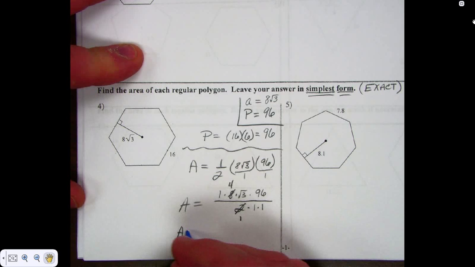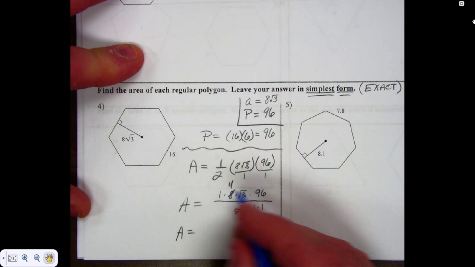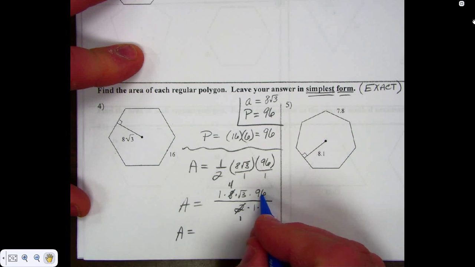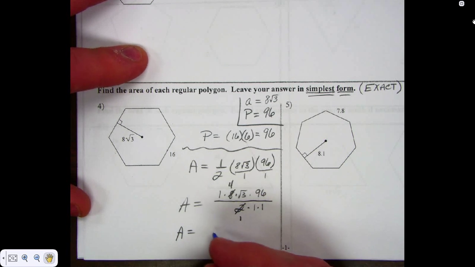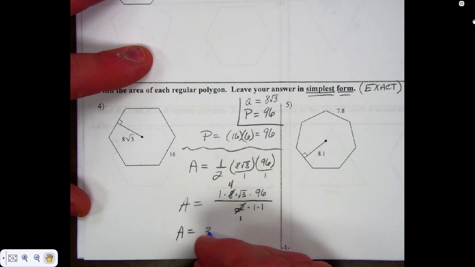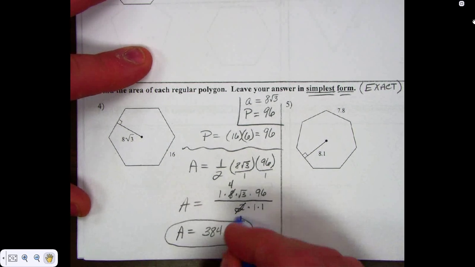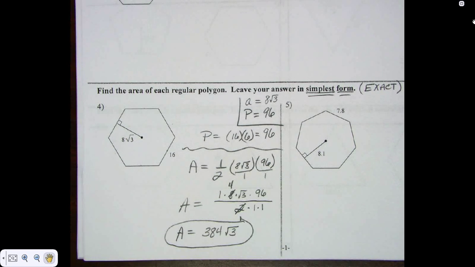So the area is equal to 4 times what? 96, which is what? 384, but what do I have to stack onto it? Then circle your answer. Circle your answer every time. And write A equals. That's an exact answer, isn't it?